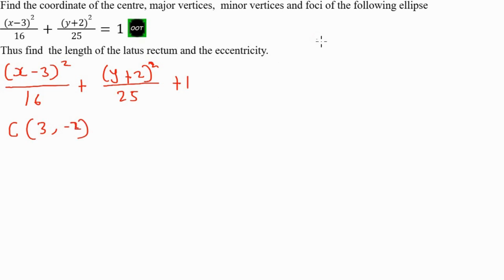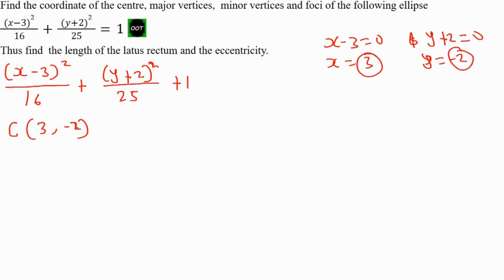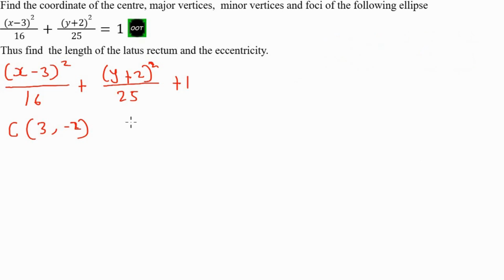If you actually want to be simple, you can just set x minus 3 to be 0 and y plus 2 to be 0. It means x will be equal to 3 and y will be equal to minus 2. So this is the center of the ellipse. We have the center already.